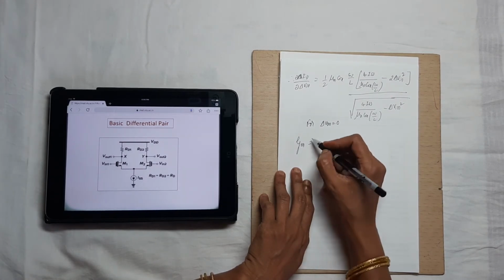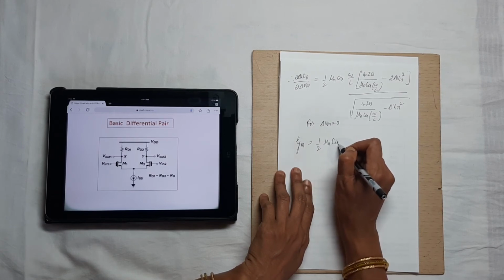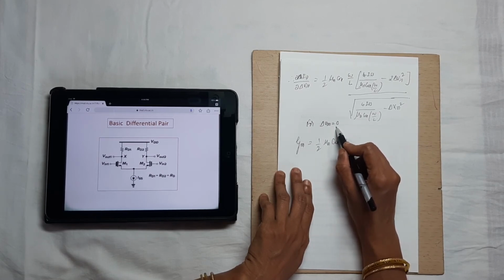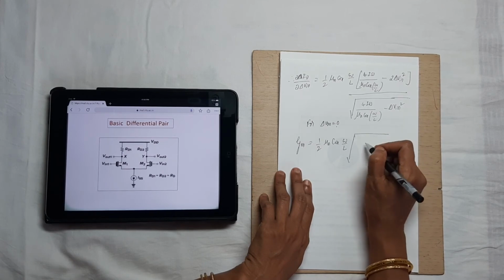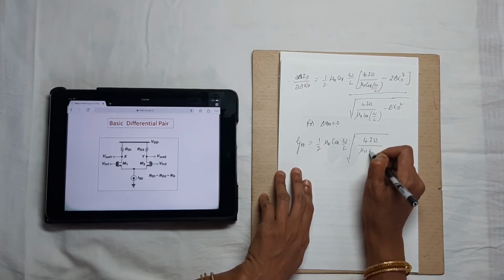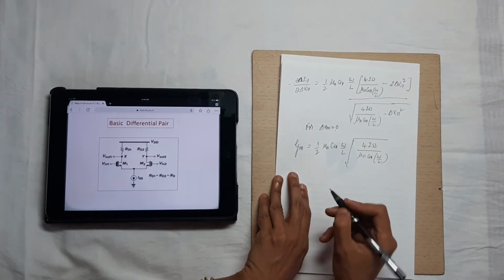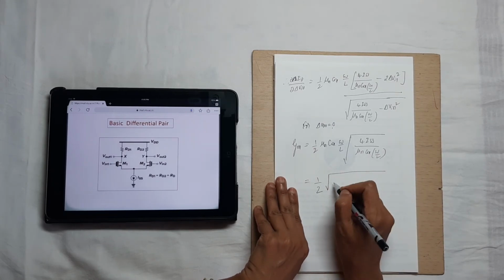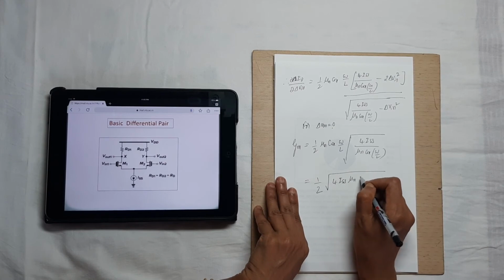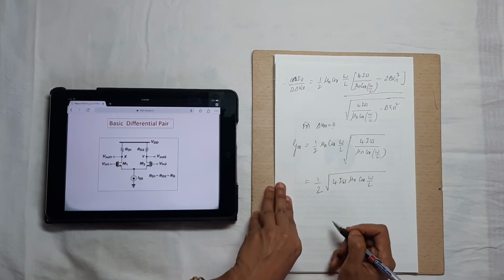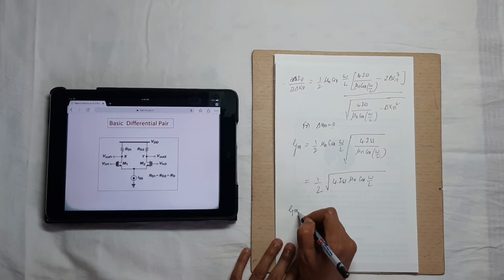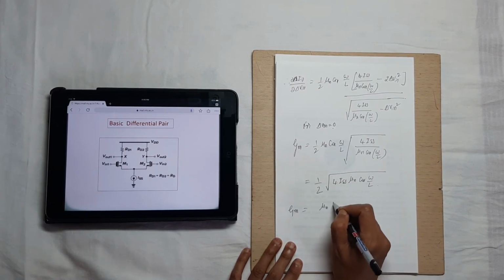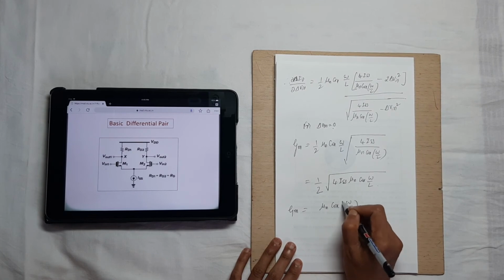So GM can be written as half mu n Cox W by L, because delta Vin we are taking as 0, times square root of 4 ISS divided by mu n Cox W by L. The same thing can be simplified as half square root of 4 ISS mu n Cox W by L. Or rearranging, GM can be written as square root of mu n Cox W by L into ISS.